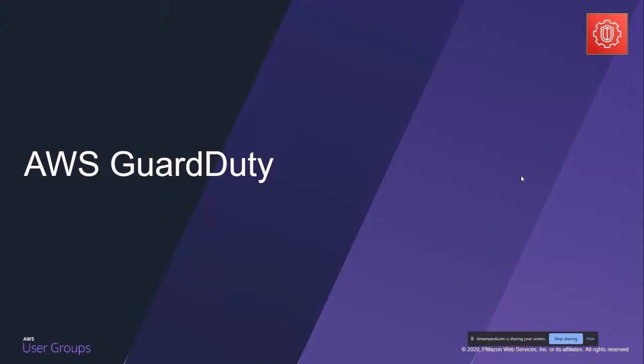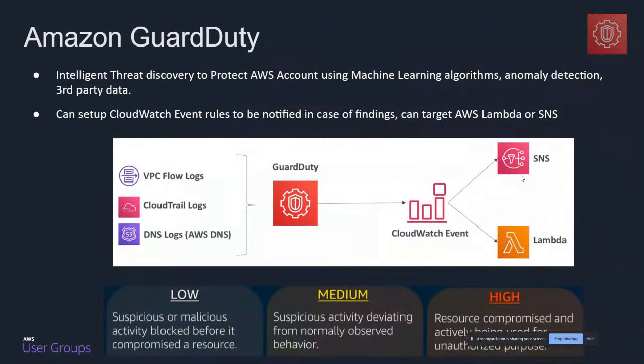So now, moving on from compliance and audit, we come to external threat management, right? So coming to GuardDuty. What is GuardDuty, right? Amazon GuardDuty is a threat discovery and threat detection service. What does this mean?